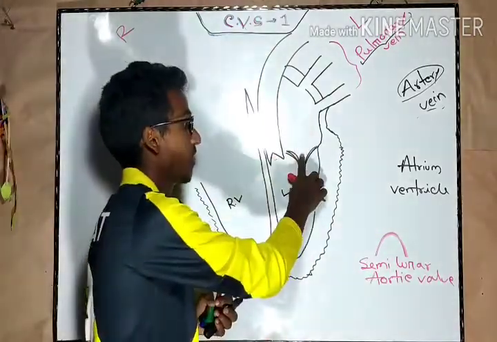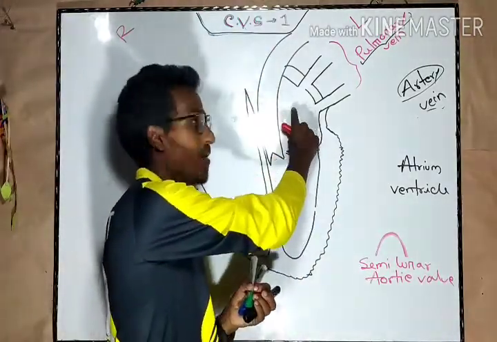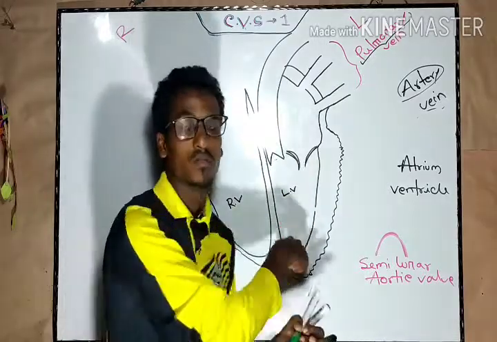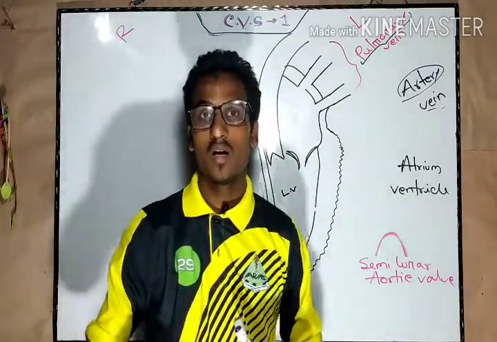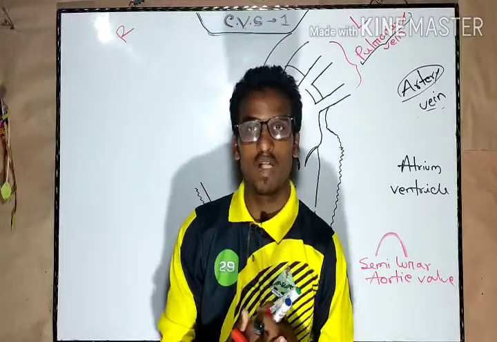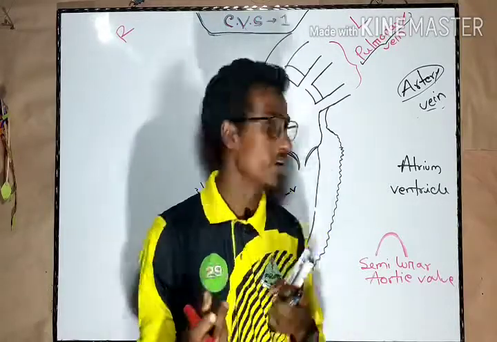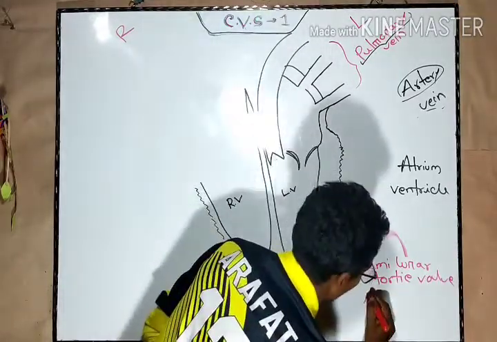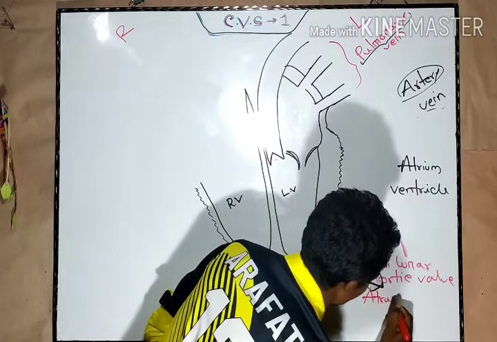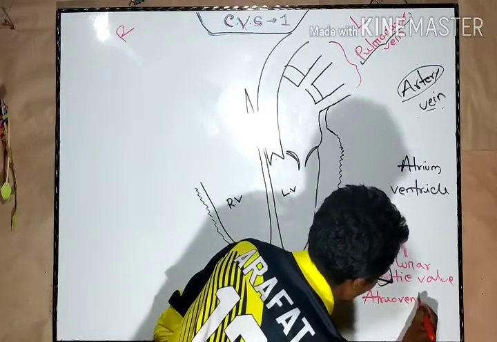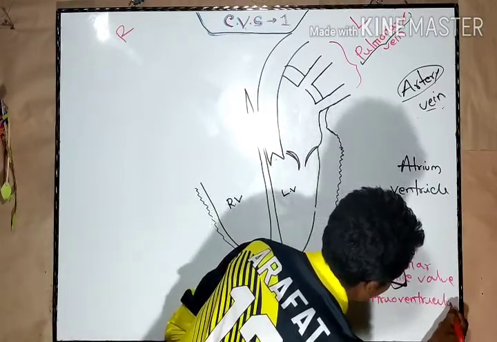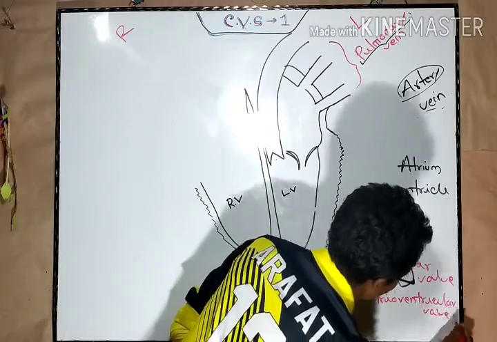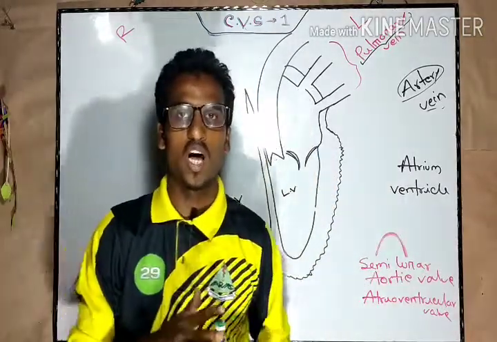Now this valve here between the left atrium and the left ventricle is called the left atrioventricular valve. This valve has two cusps.